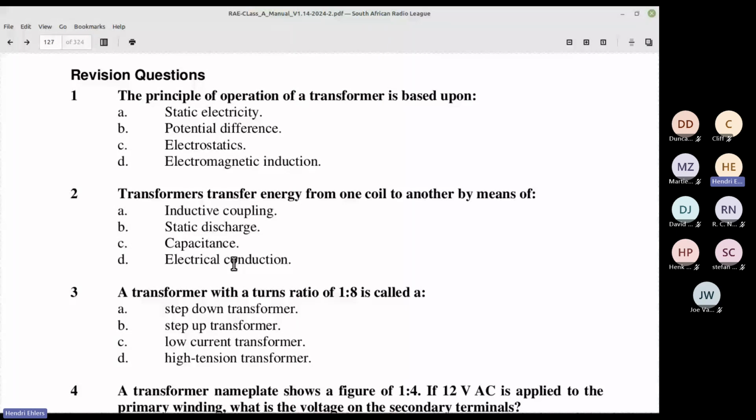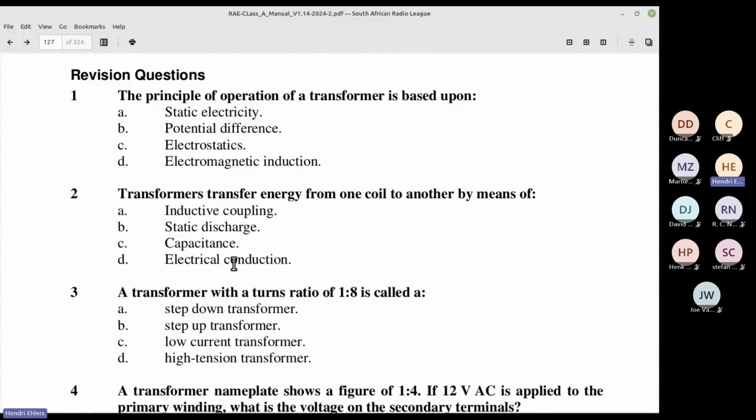Right. The principal operation of a transformer is based upon electromagnetic induction. That's correct, because it relies on magnetism to induce electricity in the secondary winding.